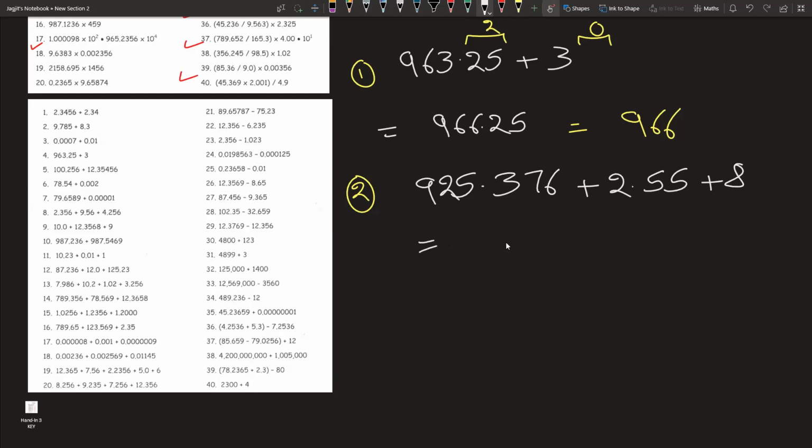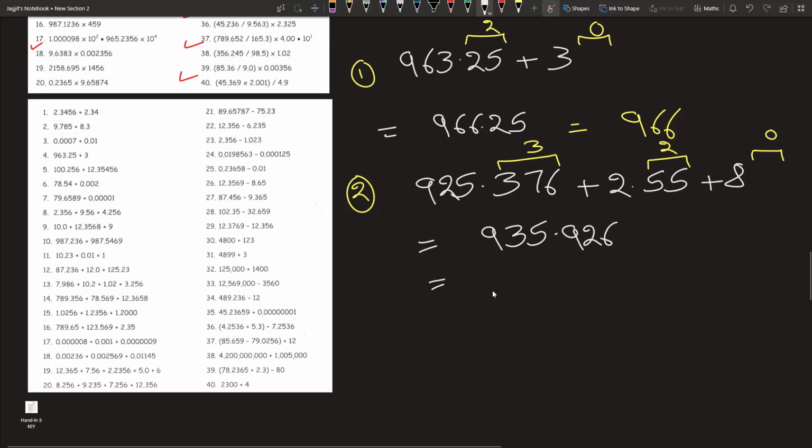You get 935.926. Now let's check the numbers after the decimal. 3 numbers are there after the decimal. 2 numbers are there on this, and this one has none. So the answer should have none, no numbers after the decimal, least out of all the numbers involved. So this will get rounded up to 936, and you'll put no numbers after the decimal for that. Do we have any questions?